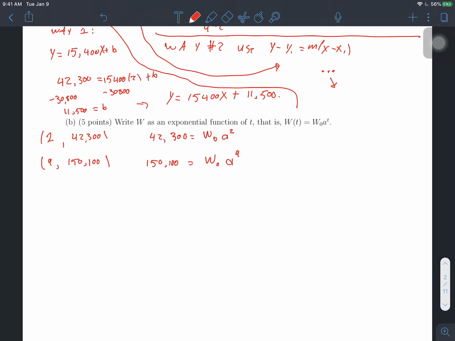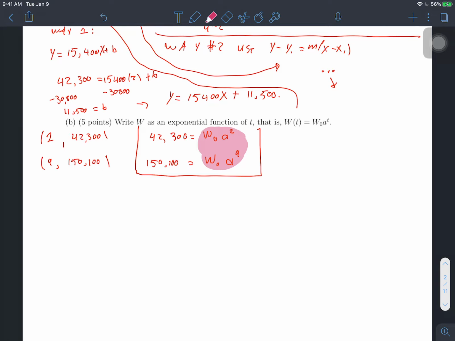Okay, so we're going to take these 2 equations and manipulate them in order to figure out what W naught and a are. Looking at the right hand sides, W naught a to the power 2 and W naught a to the power 9, what I want to consider is how can I cancel one of these things in order to just have one variable?